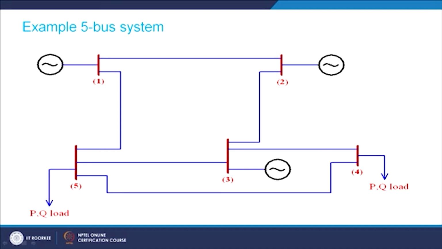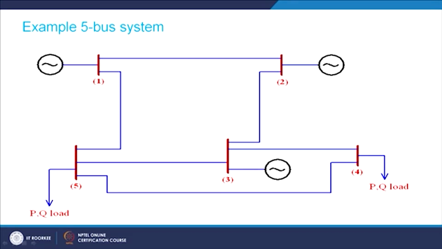So, at bus 1, bus 2 and bus 3, these generators are connected. Bus 1 generator is assumed to be the slack bus, and bus 2 and bus 3 are the PV buses. We also have 2 more buses, bus 4 and bus 5.